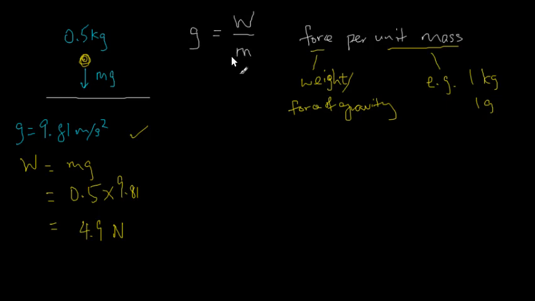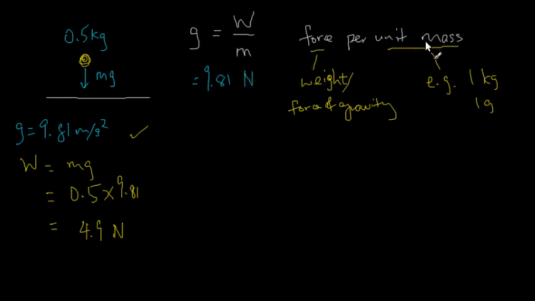Now, this gives us another way to write the units of g as well. We know that the numerical value of g in SI units is 9.81. But this time, if I think of it as weight, the force per unit mass, we know the unit of force is Newton.